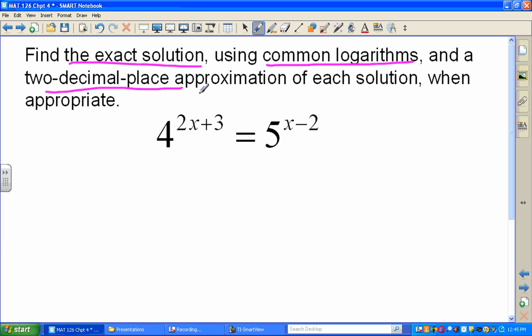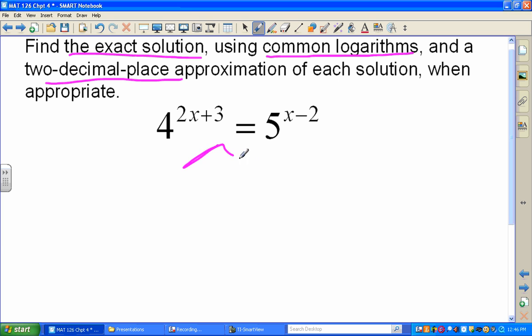And a 2 decimal approximation. So we're going to do both. Old school and on the TI. Old school is going to take a while. Probably just take the log of both sides, huh? All right. So the log base 4 of 2x plus 3 equals the log base 5 of x minus 2.